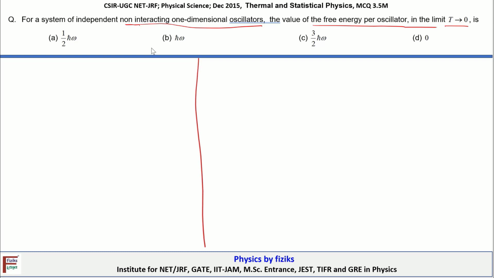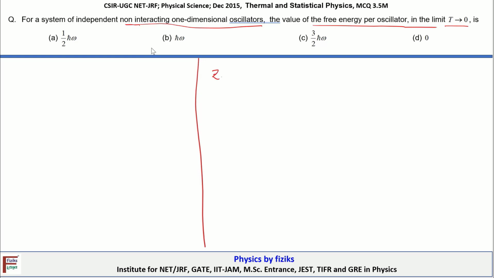First of all, we will find the partition function for one single oscillator, and from there we will find the partition function for N independent and non-interacting 1D oscillators. Once the partition function is known to us, from there immediately we can determine the required expression for the free energy. So let's continue with the single oscillator.